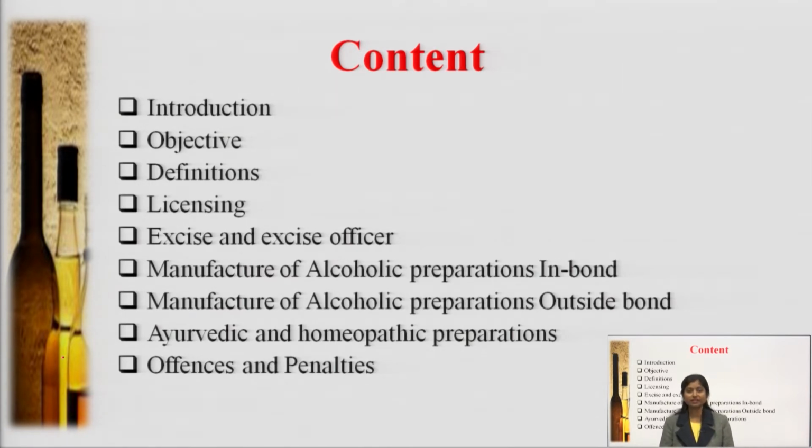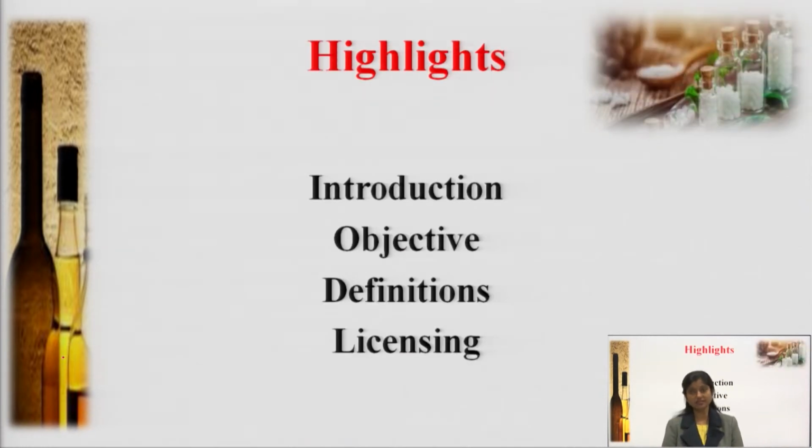So, the entire content of the topic will be in these heads, and these heads have been divided into 5 parts. So, let us see the highlight of this content.